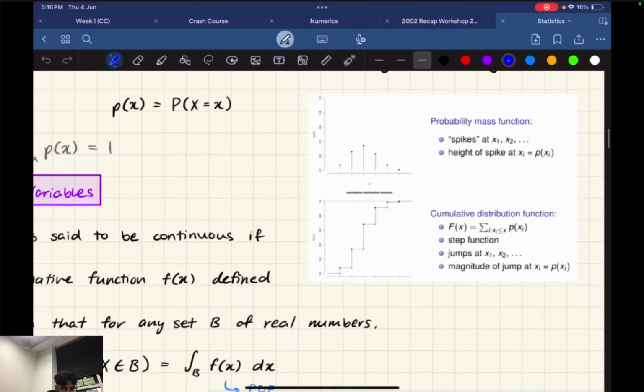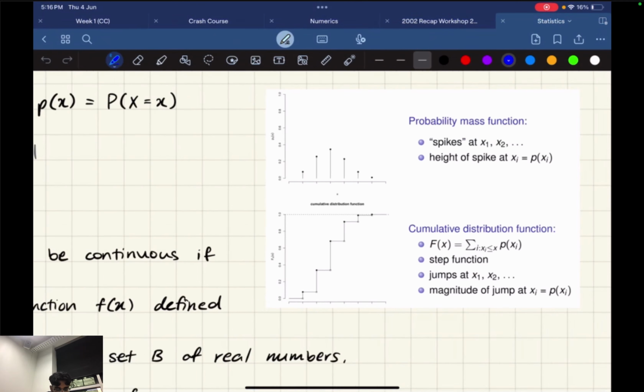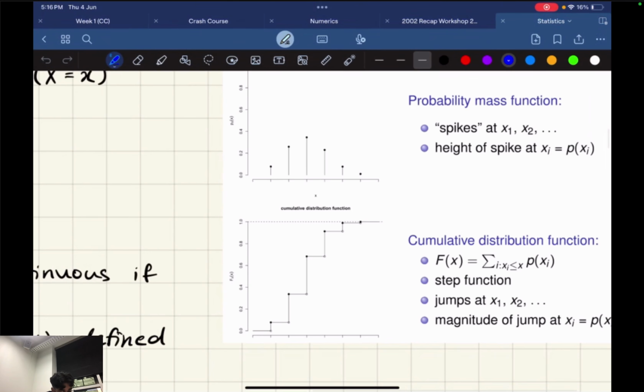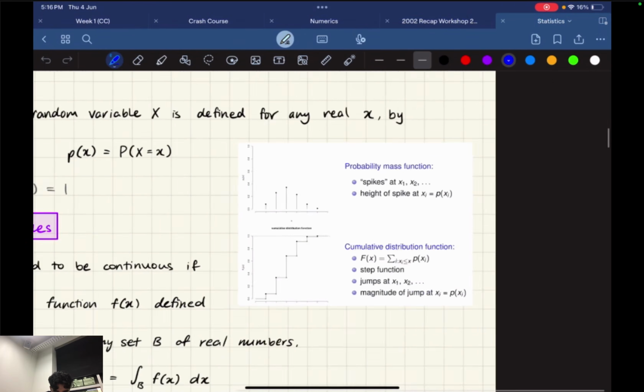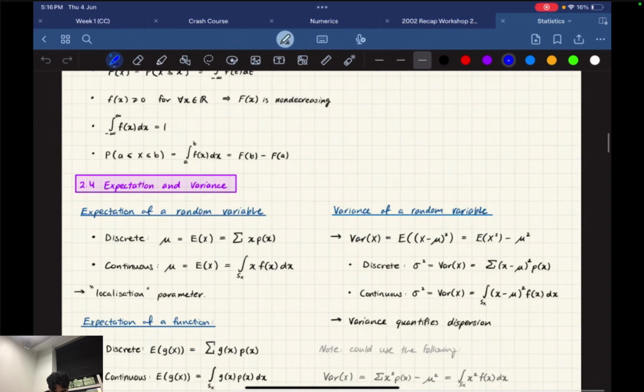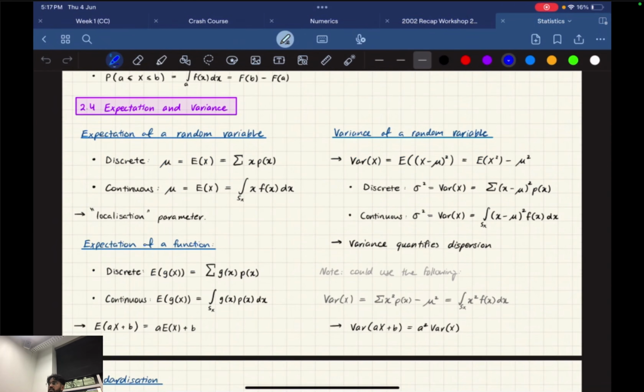Here's an example. Probability mass function, density function is the same thing. There's actual spikes. However, cumulative distribution functions have jumps, step functions, all that kind of stuff. And something in continuous and discrete probability functions is you have variance, standard deviation, and your mean, your average, or your expected value.